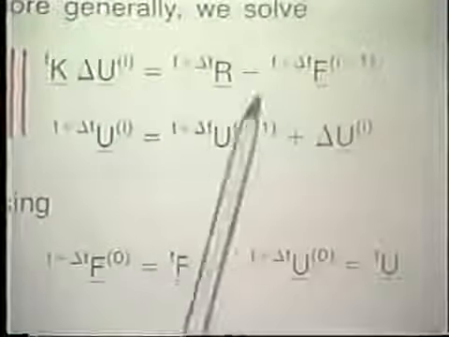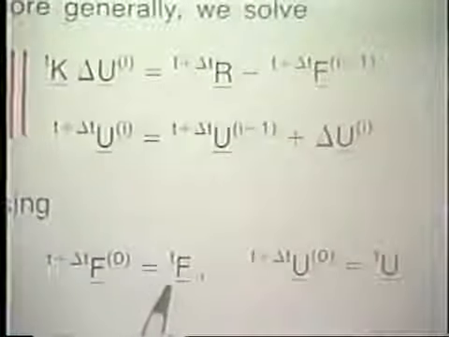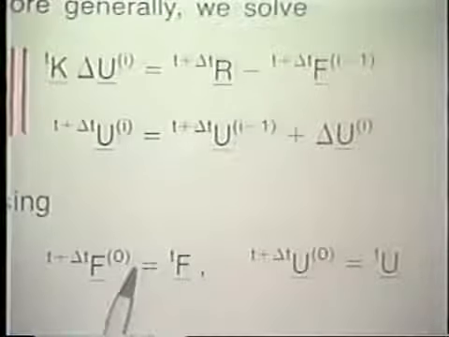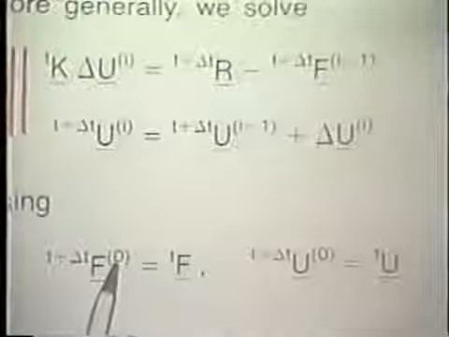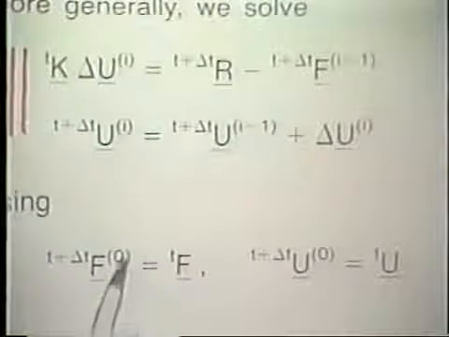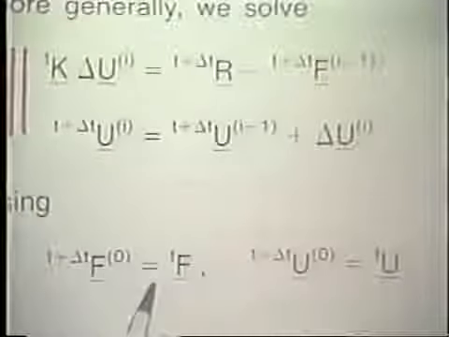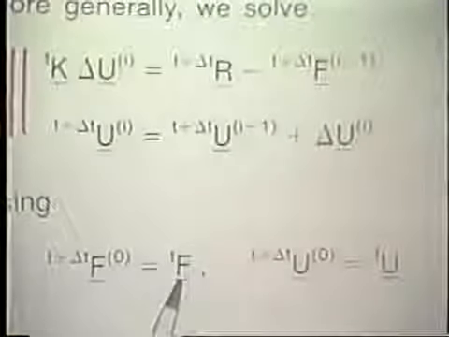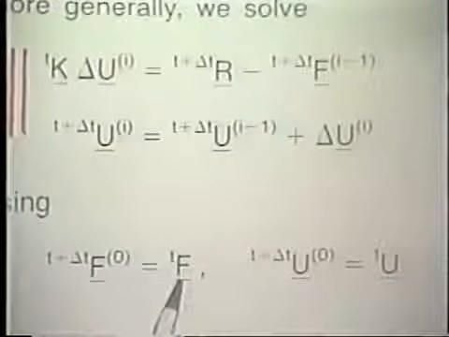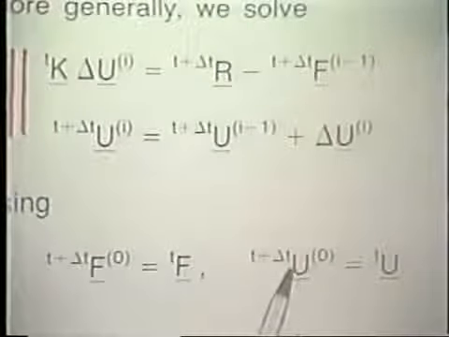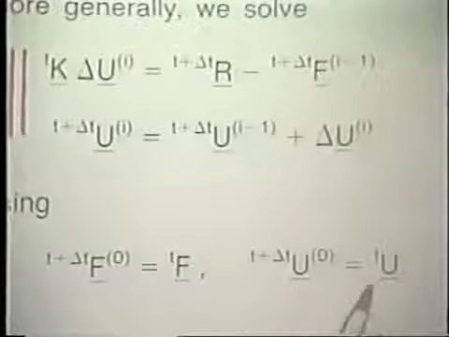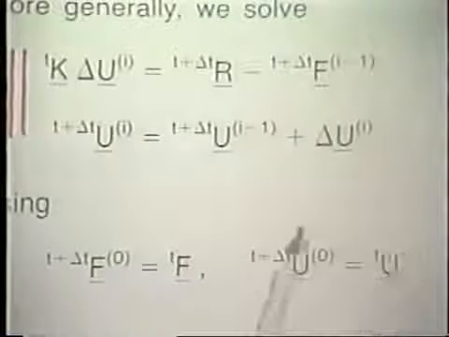Notice in this iteration we have initial conditions that are given down here. In iteration i equal to 1, on the right-hand side of this equation we need this vector, and that vector is given by the vector Tf, the nodal point force vector corresponding to the internal element stresses at time t. We also need initial conditions on the displacement vector, and those are given right here.